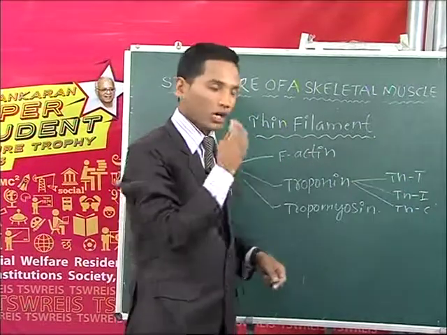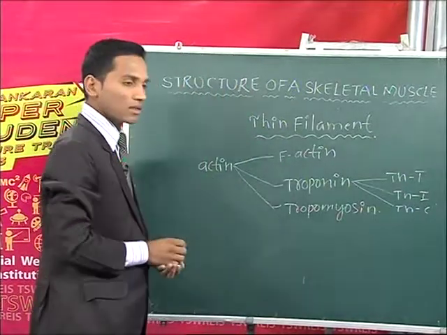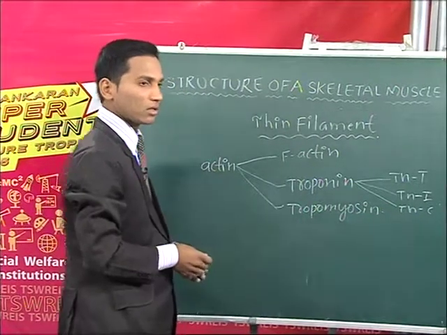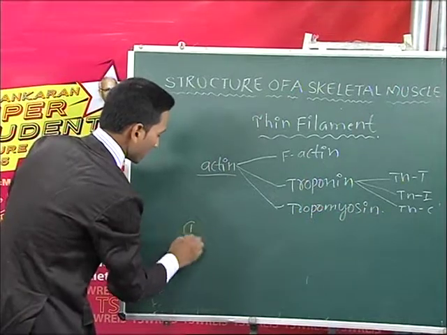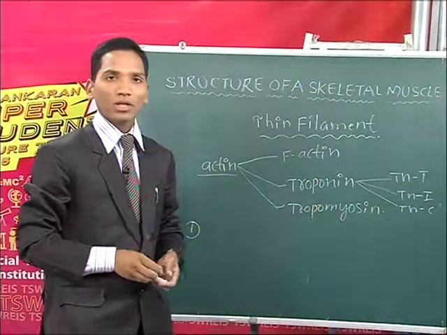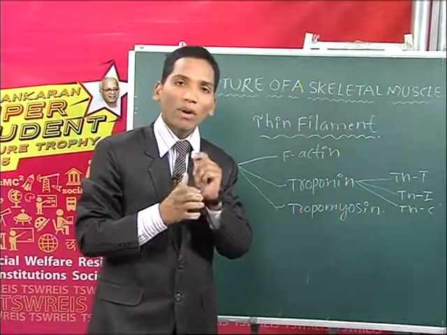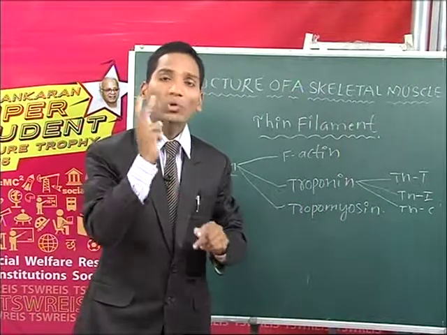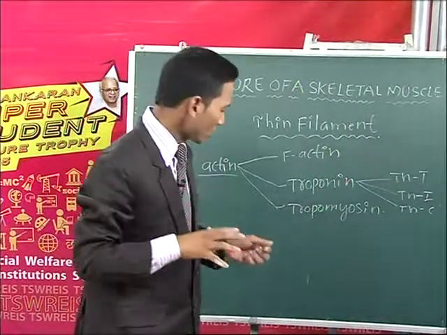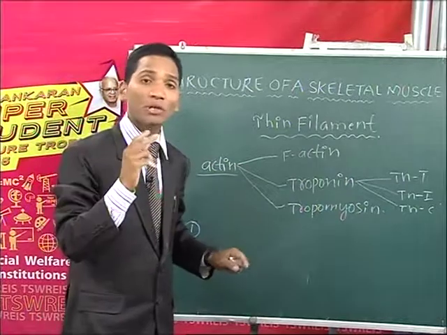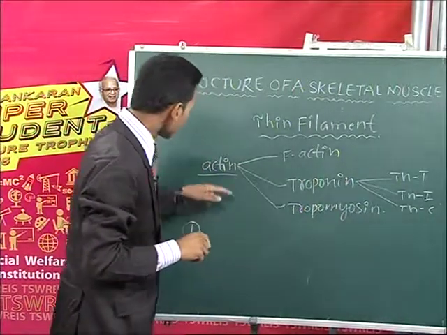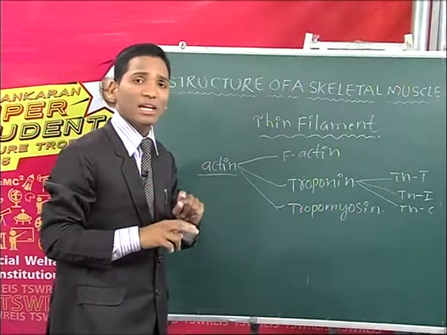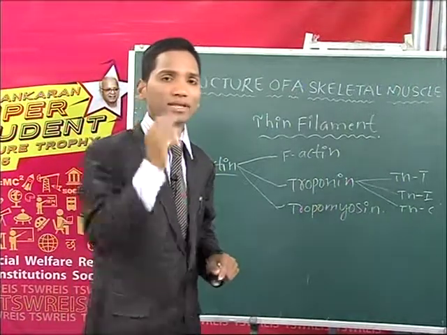So let us discuss the contractile structure of actin. Each actin in our body is made up of 2 actin filamentous molecules, and each actin is a polymer of monomers.